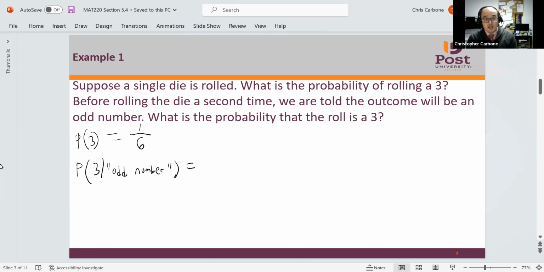There are a total of 3 odd numbers on a die: 1, 3, and 5. Only one of those is a 3, so the numerator is still 1. But knowing there was an odd number increased our chances of obtaining a 3.